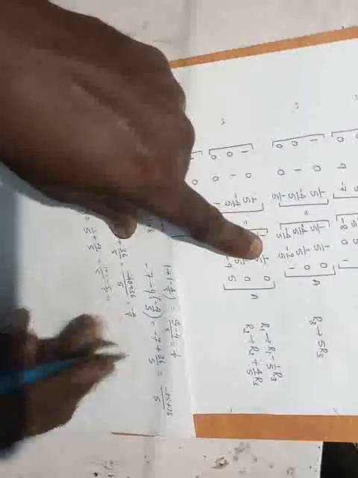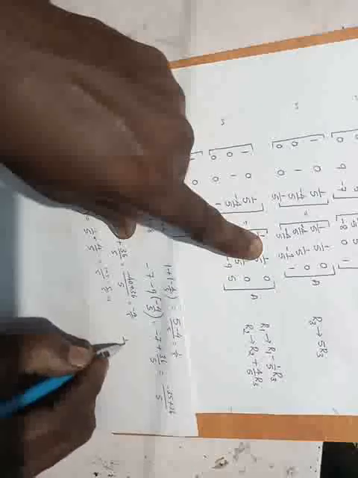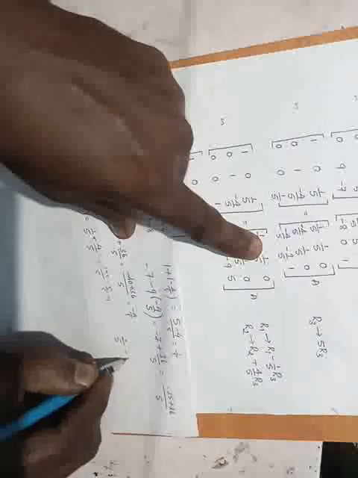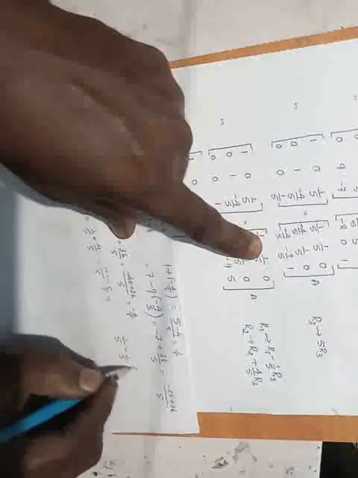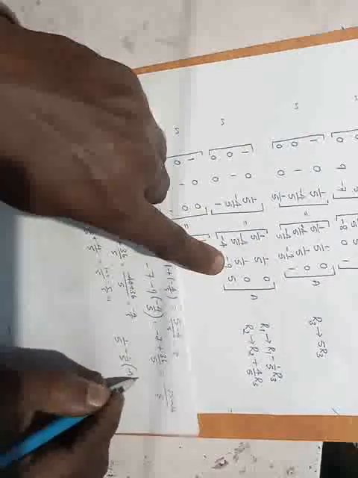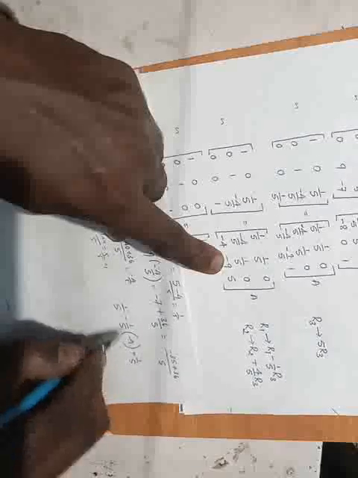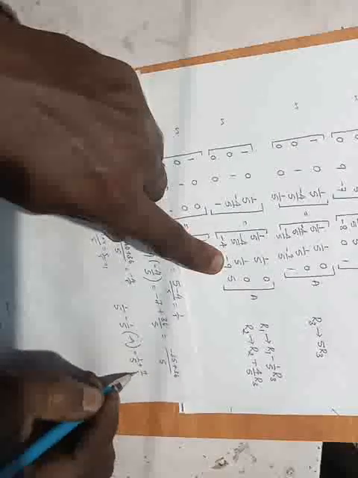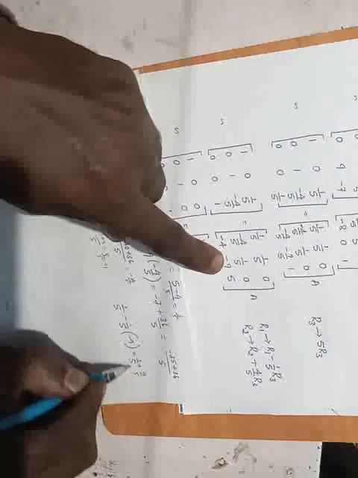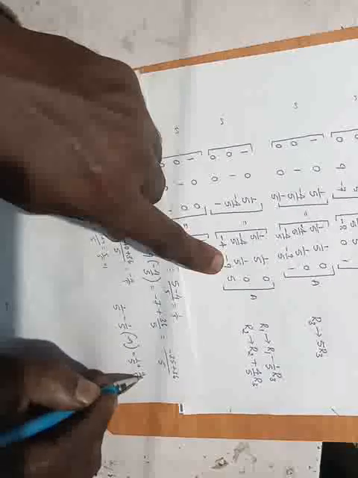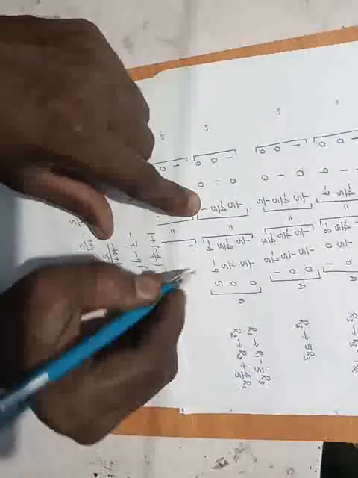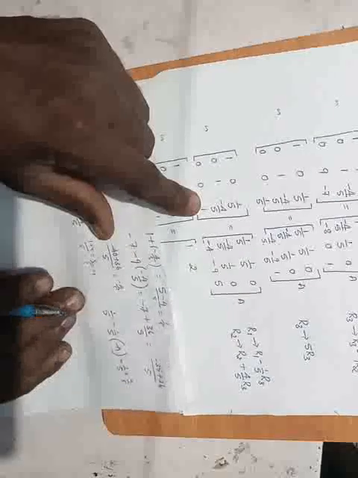Now come to the next element. R1 is, again this is 1 by 5 minus 1 by 5 into R3 means minus 9. So you simplify this one, 1 by 5 minus into minus plus, it is 9 by 5. You take LCM, LCM is 5, 1 plus 9 is 10, 10 by 5 is 2. So therefore this element becomes 2 now.